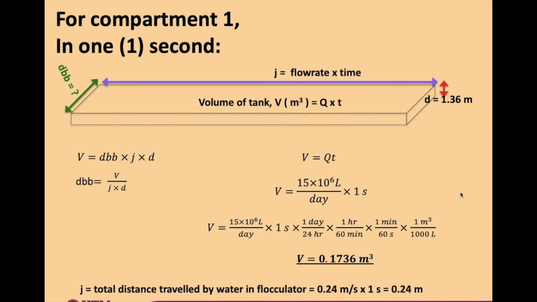It cannot simply cancel out, since 35 minutes and 0.24 meter per second cannot cancel. You can't easily find your total distance. If you change your time, definitely your volume will be different, and your J also will be different. To simplify the calculation, I choose 1 second.